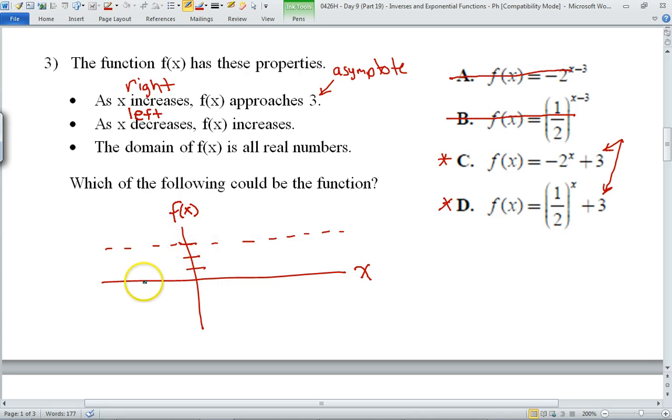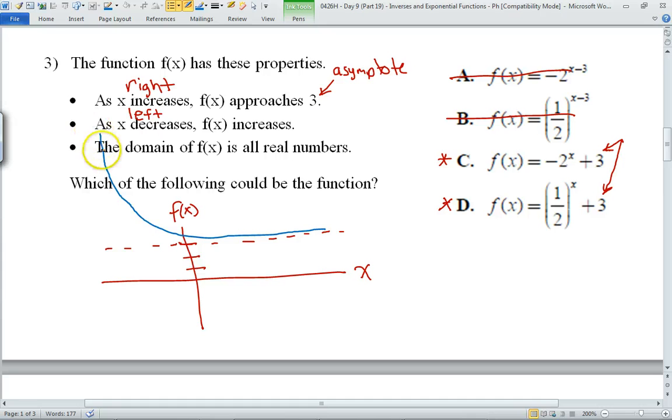So as I go to the left, the graph rises. So that means I have this happening. I have this asymptote, but as we go to the left, the graph is rising. Okay, fine. That means looking at it in the normal direction, is this a growth or decay function?